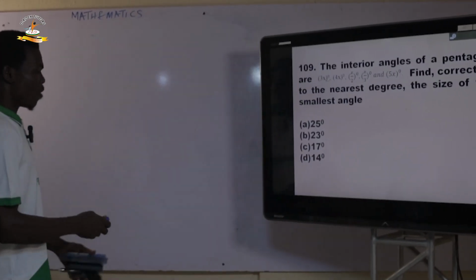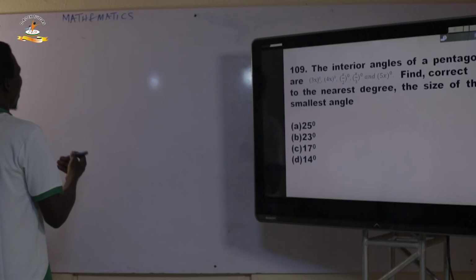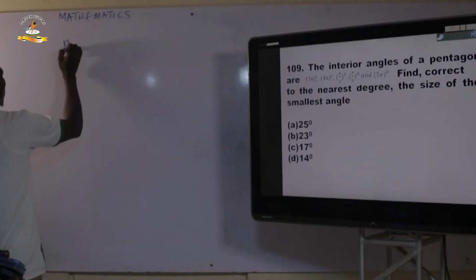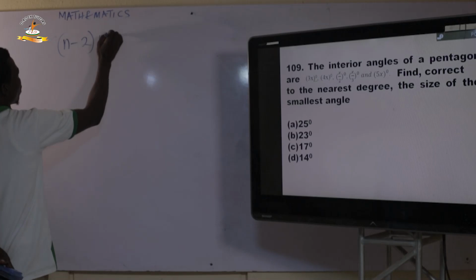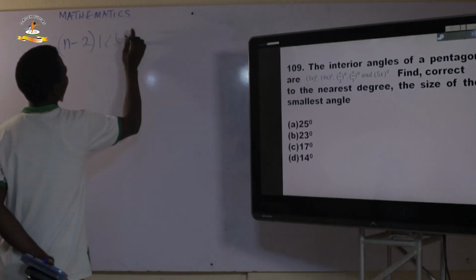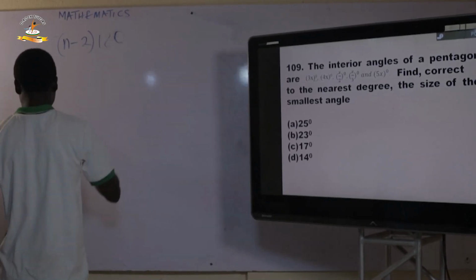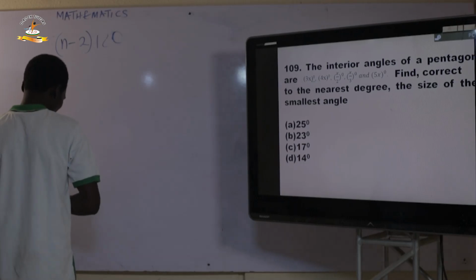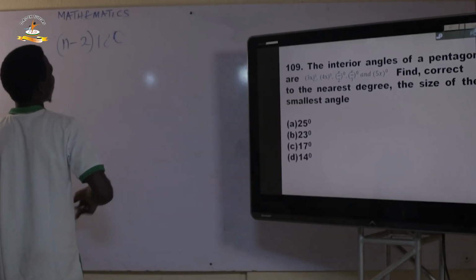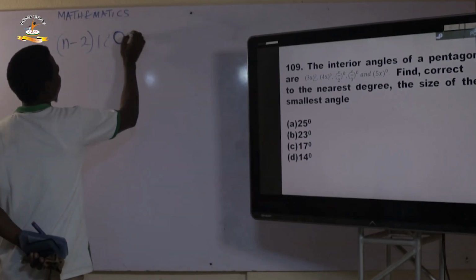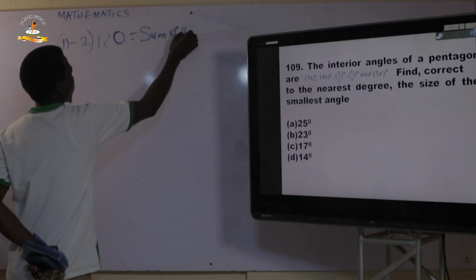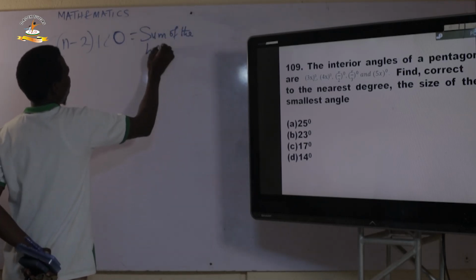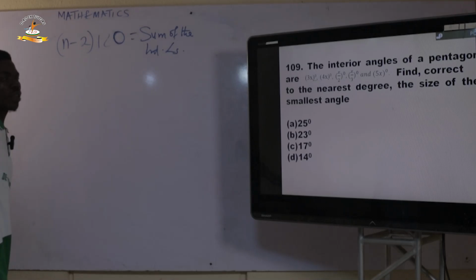And for any regular polygon, we have that n minus 2 multiplied by 180 degrees is equal to the sum of the interior angles.